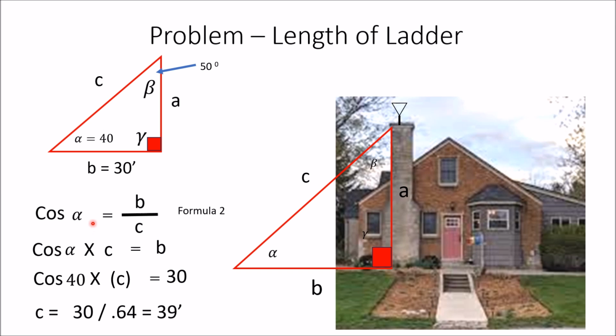So again, very similarly, the cosine of alpha is B over C. We move terms around again, and we say cosine of alpha times C is B. Therefore, the cosine of 40, which is the angle, times C equals 30 feet, what we measured. So C is now 30 feet divided by the cosine of 40, or 0.64. So in this case, we need a ladder of 39 feet. And again, this angle is 50 degrees because these two add up to 90, and gamma is 90, so that makes 180.